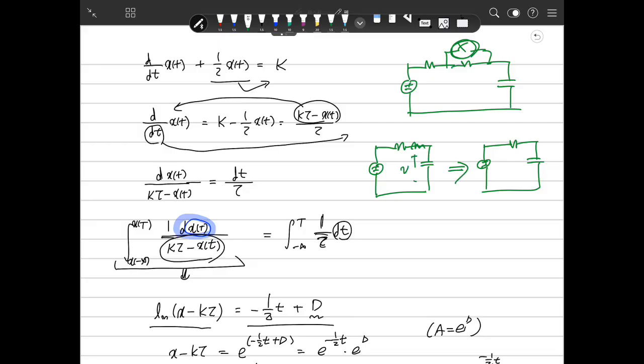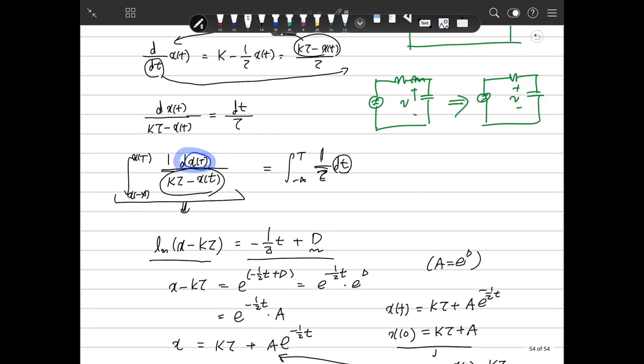Our target is V. Initially, when t is 0, the V value is V0, for example 10 volts. But later, that value is different.